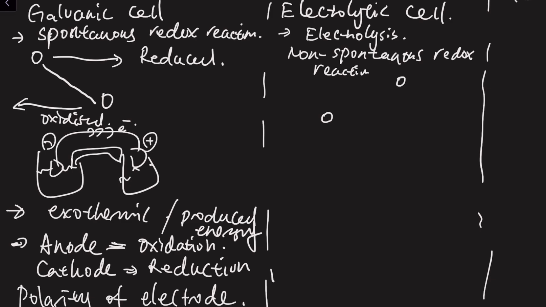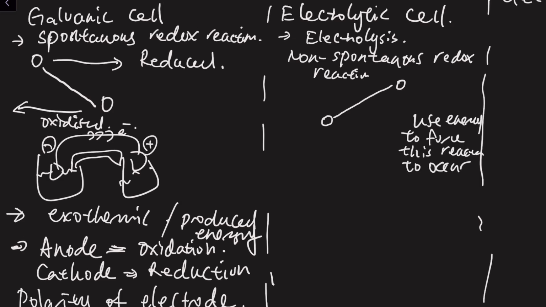They are positively sloped. So as we discussed in the last video, when this is the case, we don't get a spontaneous redox reaction. The species prefer to stay where they are. But for electrolysis, we are using energy to force this non-spontaneous redox reaction to occur. So we are forcing it.